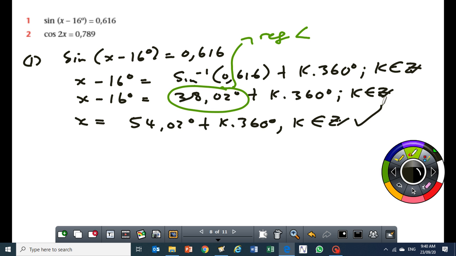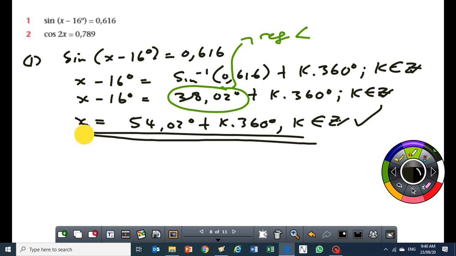This is the first general solution. With this general solution, you can get all the possible solutions of x, depending on the interval you are given.